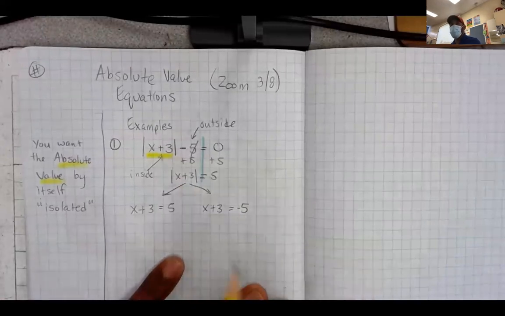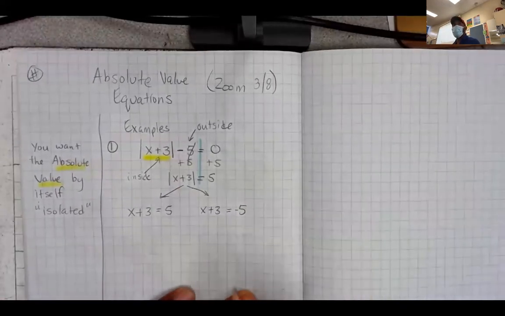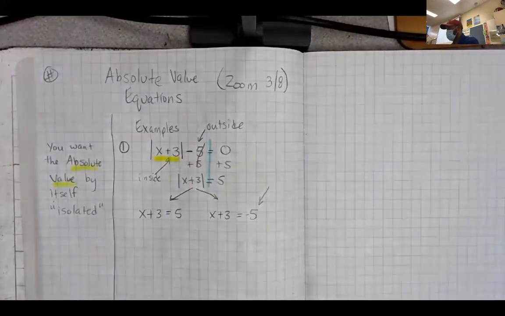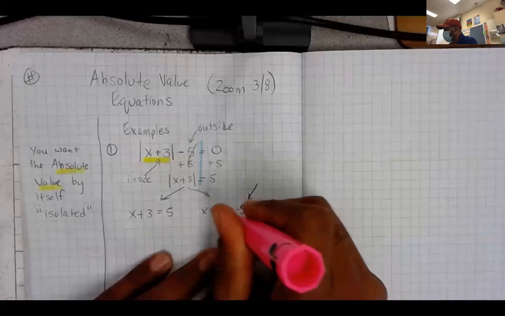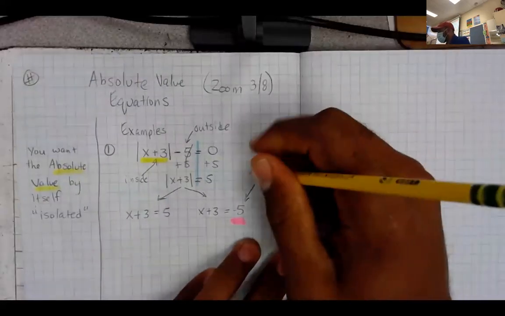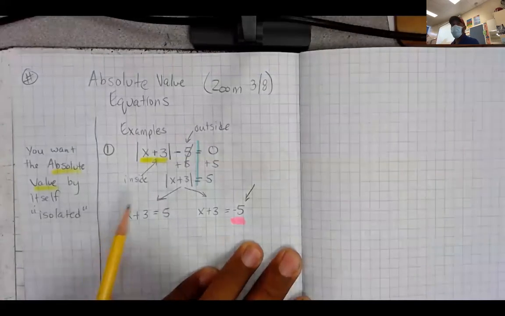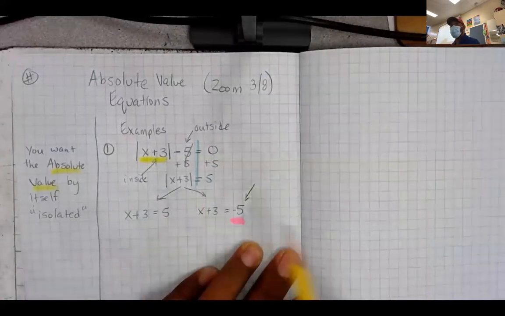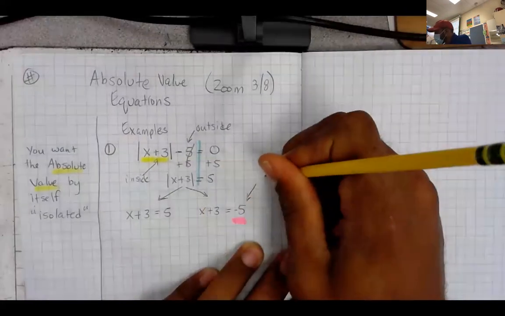I basically change the sign of the value on the right. So that's kind of the key step. Make sure that in your second equation, you change that value. So on that note, if that number here is negative first, then you have to make sure the other one is positive.